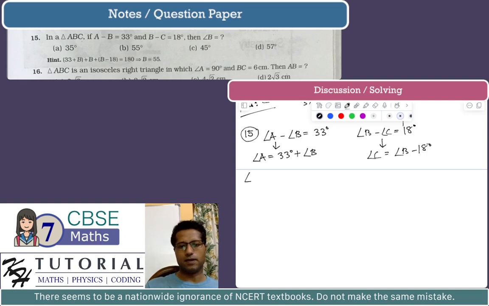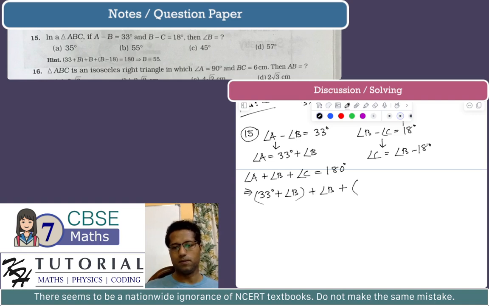Now I know that the sum of angle A, B and C will be equal to 180 degree from the angle sum property of a triangle. Now this implies angle A we have found to be 33 degree plus angle B, and we have angle B, and angle C also we have found to be angle B minus 18 degree. So this is equal to 180 degree.